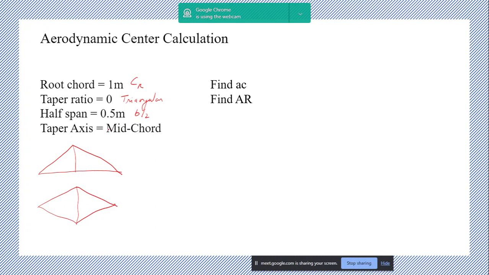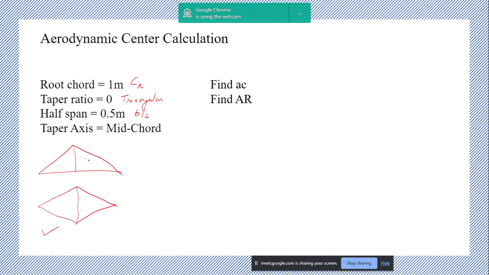When they say the taper axis is mid chord, which one do you think is the wing they are referring to? Taper axis. About what axis is the tapering occurring? Mid chord, yes. So the second option, exactly.